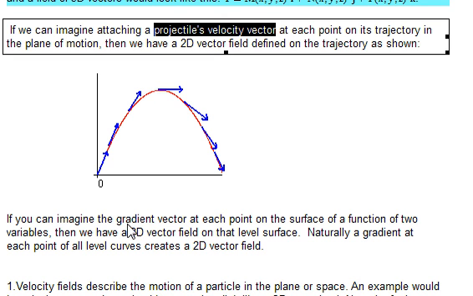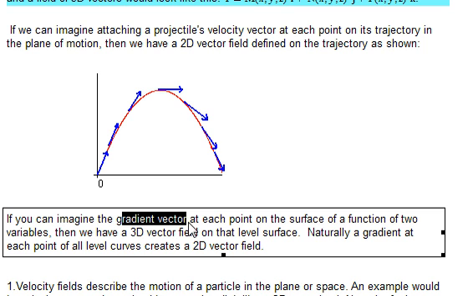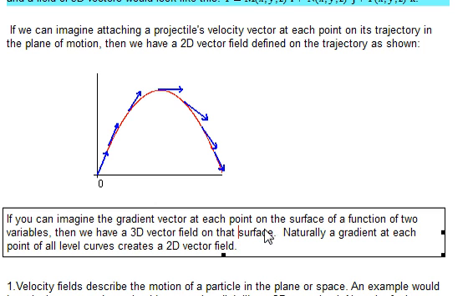If you can imagine a gradient vector at each point on the surface of a function of two variables, then we have a 3D vector field on that surface.